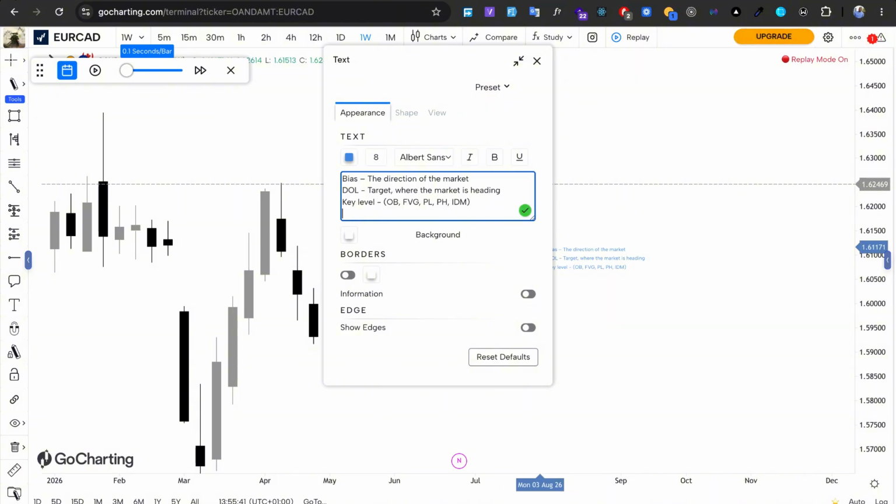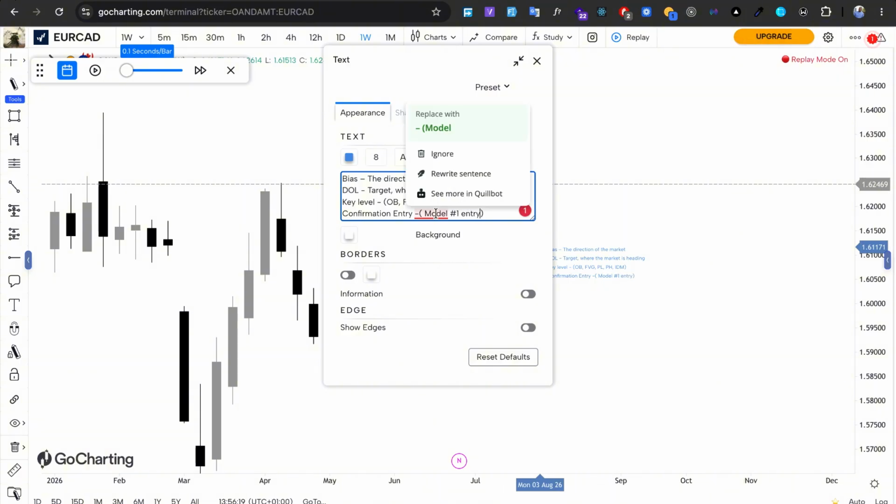The next thing is confirmation entry, using my entry model. Let me just say Model 1 entry.